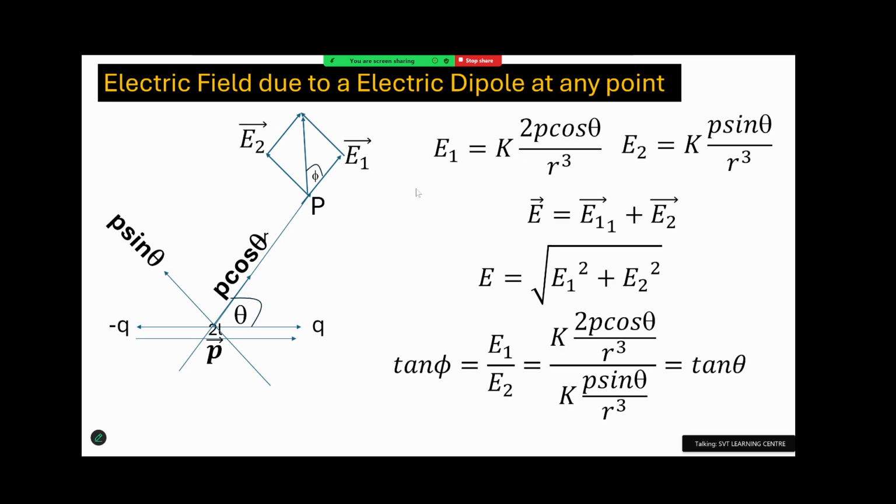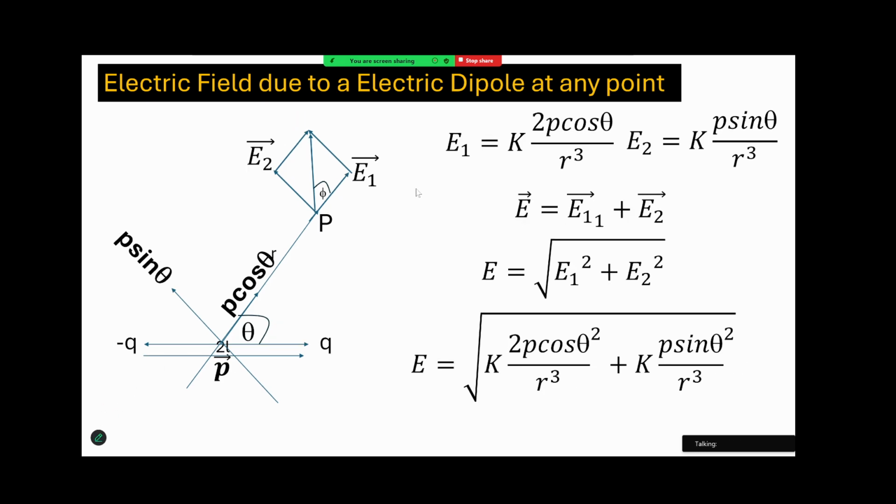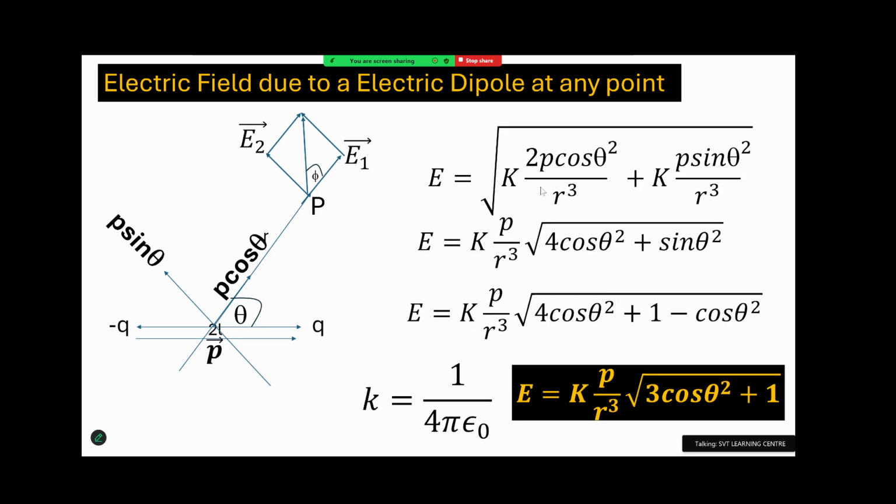So we further simplify. Here we substitute the value of E1 and E2. Notice that k, p, r cube are common. We can remove them outside the radical sign. So we will get kP upon r cube root of (4 cos square theta plus sin square theta).